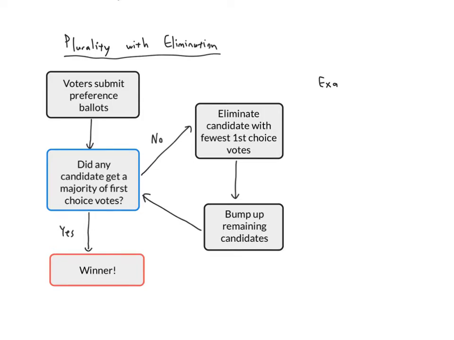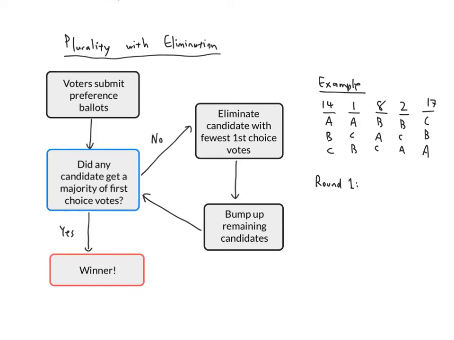Let's go back to the previous example and think about what might have happened had the voting system been plurality with elimination, an instant runoff system. So instead of just listing voters' first choices, I'm going to write out a full preference schedule, the same one we've seen in previous examples. In round one, we'll just look at people's first choices.